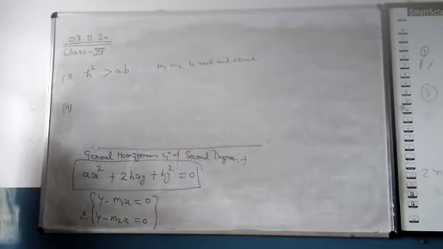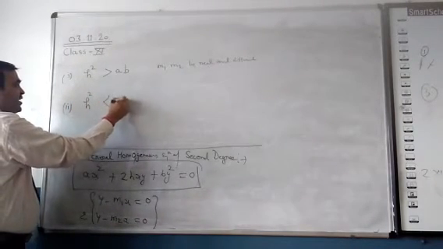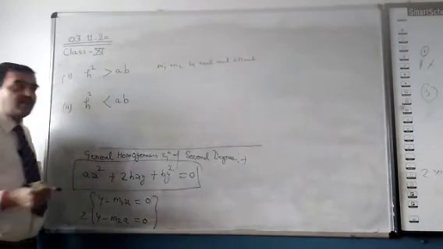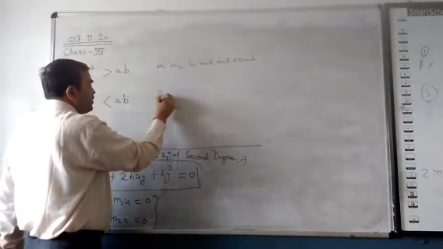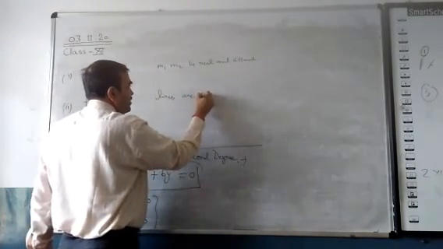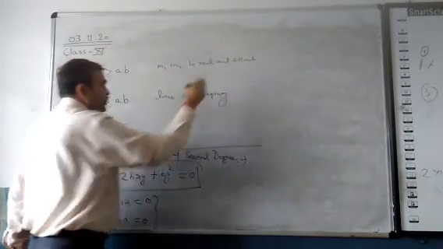Second case, if h square is less than ab, it means the lines are imaginary.